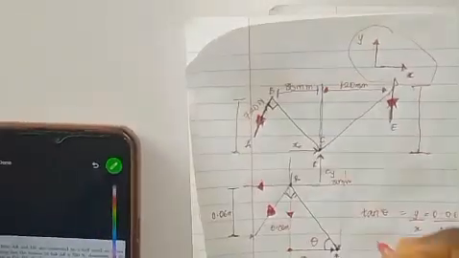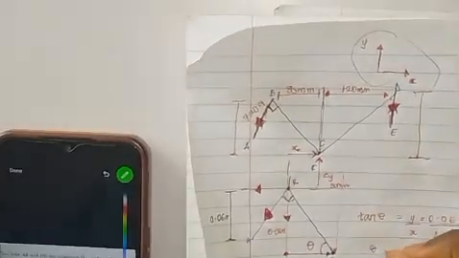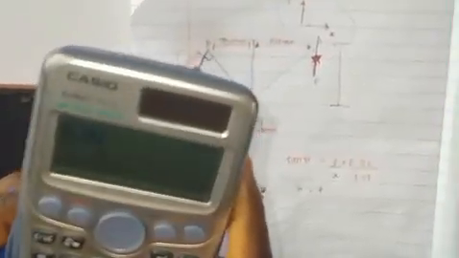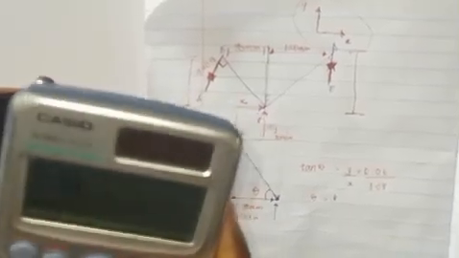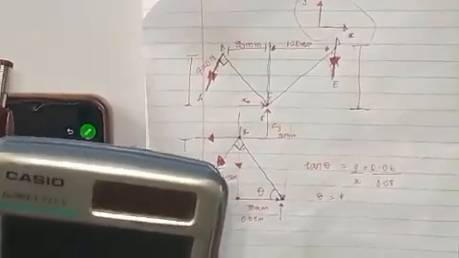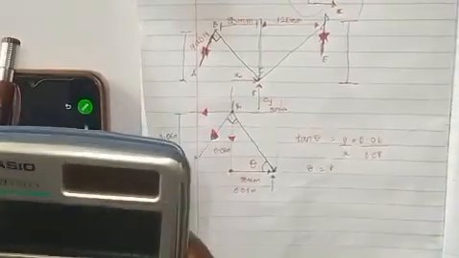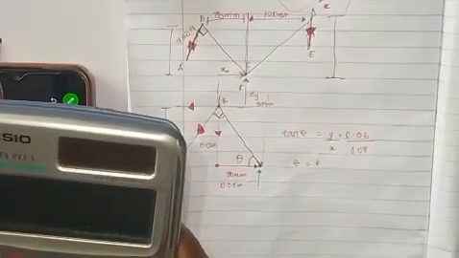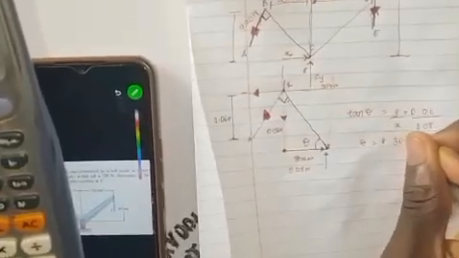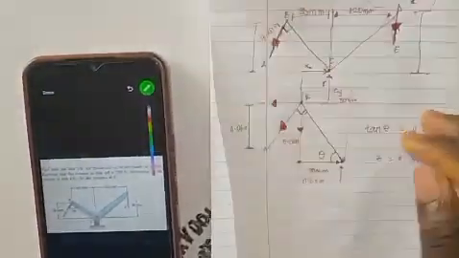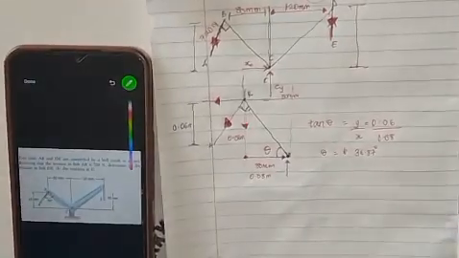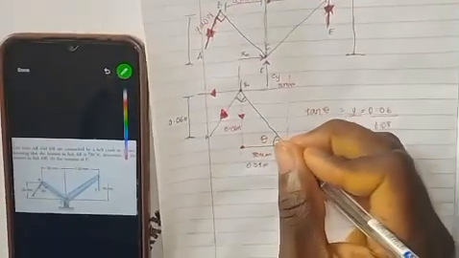So our theta will be equal to, let's do this, 0.06 over 0.08, then shift and arc tan of the answer. So that's 36.87 degrees by approximation. So we've calculated the angle theta to be 36.87 degrees.